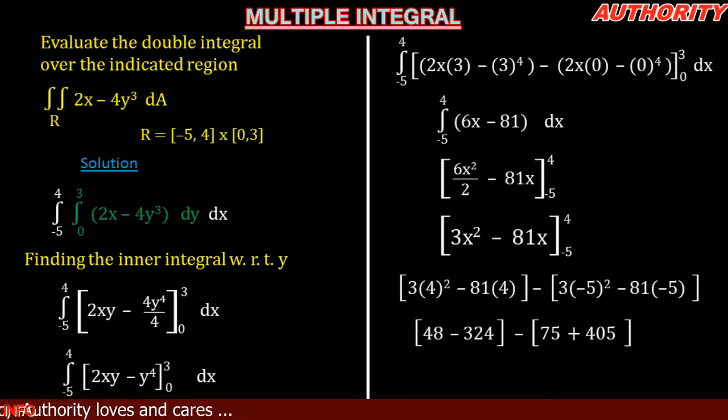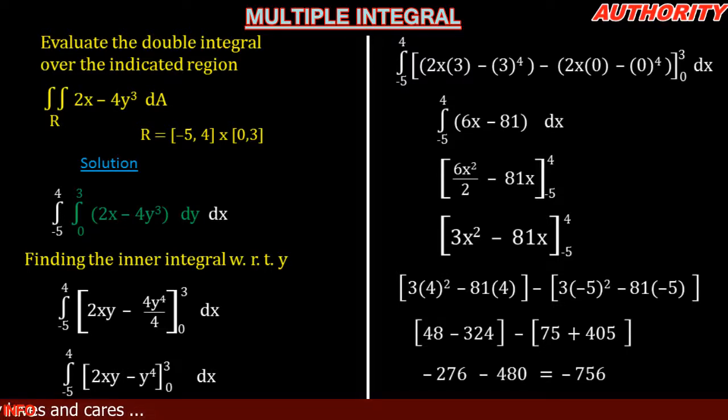Now going to the other side, we have minus 5 squared, which is going to give us 25. 25 times 3 is 75. Then we have minus 81 times minus 5, which is going to give us plus 405. So in the first bracket, 48 minus 324 is going to give you minus 276.